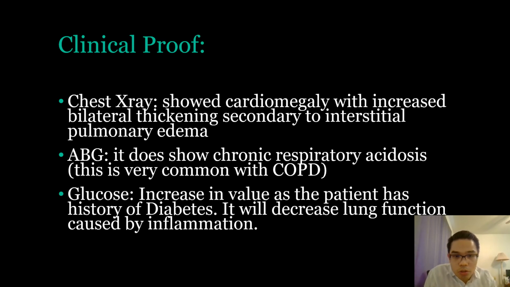And also its glucose. As what I mentioned before, the patient was having diabetes, so he has an increase in value. Definitely, an increase in glucose will also affect the patient's lungs if not corrected, because it will lead to inflammation and decreased lung function.